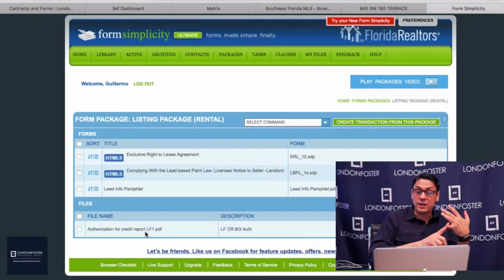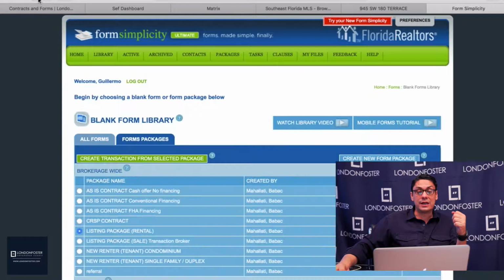Within that is the exclusive right of lease agreement, the complying with lead-based paint form if the property is before 1978, the lead-based paint information pamphlet, and an authorization for a credit report. Okay, since we're going to be doing it on a property that is more recent than 1978, that probably won't come into play.